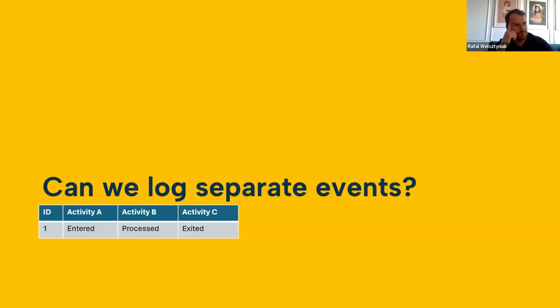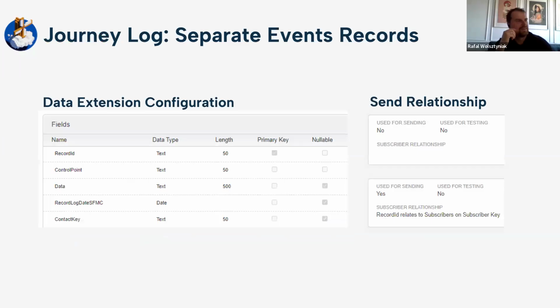So we need to try another structure, and I can see I have copy pasted the wrong structure. What I want to achieve now is to have each update contact activity create a different record.